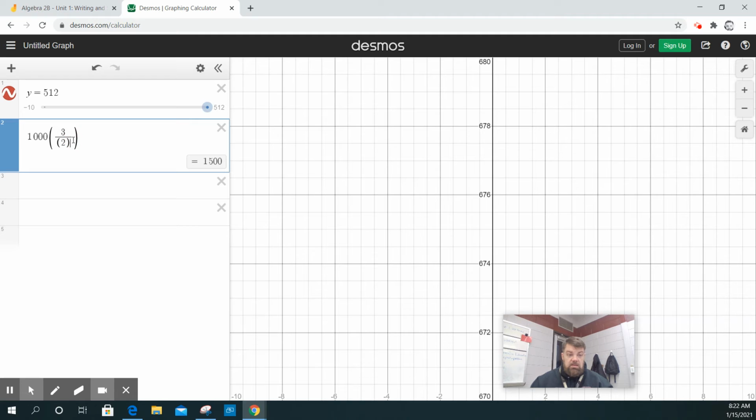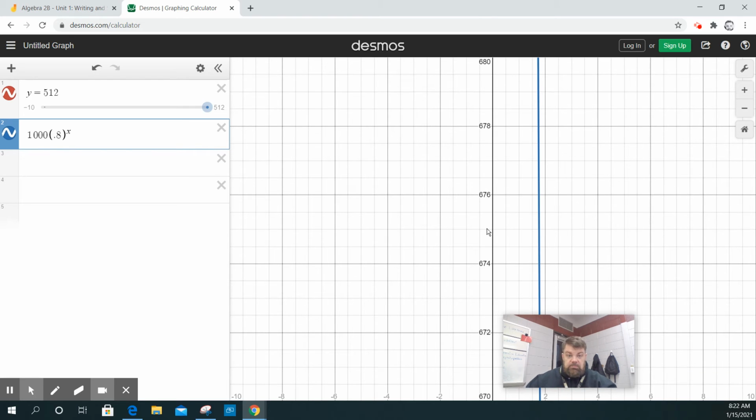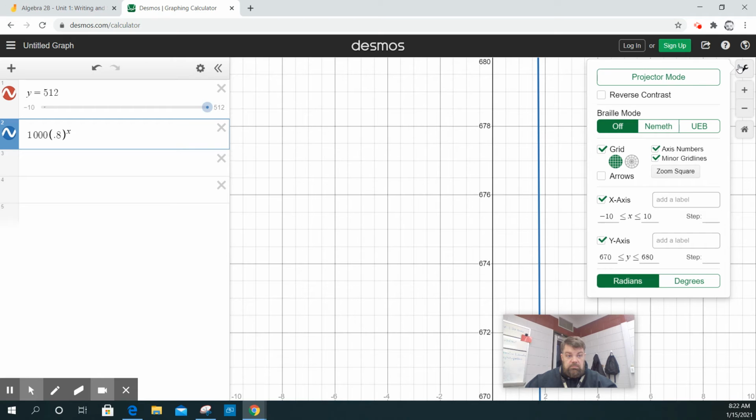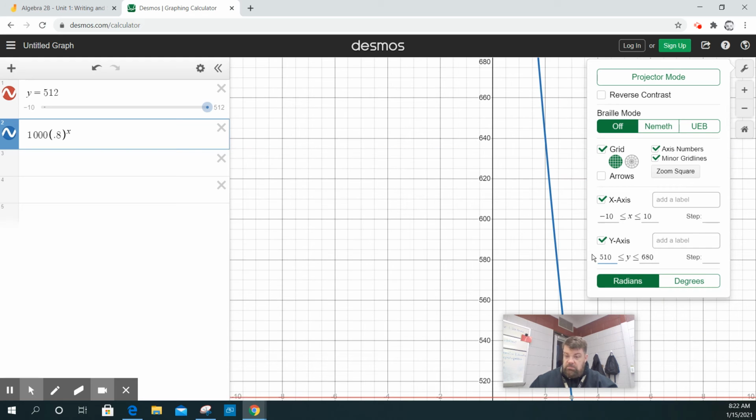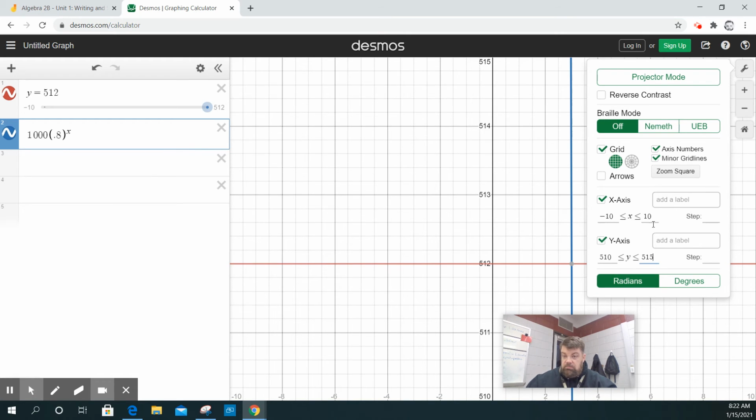And I'm going to have to make that equal to 0.8 raised to the x. And I got to change that to around 512, so we'll say 510. And 515.